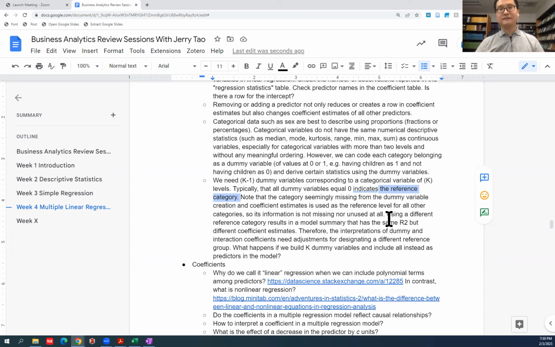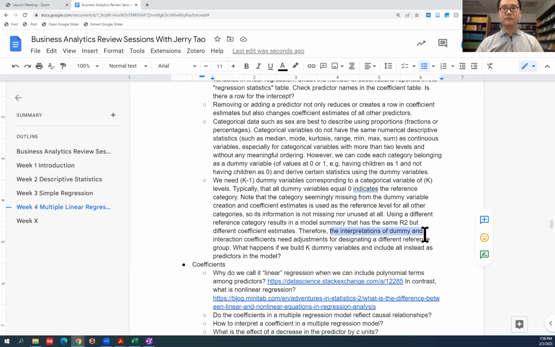However, it does affect the coefficient estimates, but specifically those estimates regarding this specific categorical variable that we built the dummy variables for. It does not affect coefficient estimates for other variables. However, this will result in different interpretation of the dummy variables that we just built.